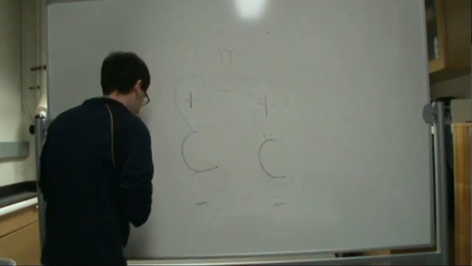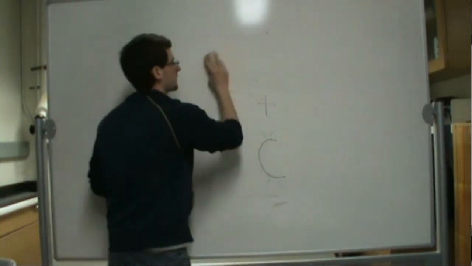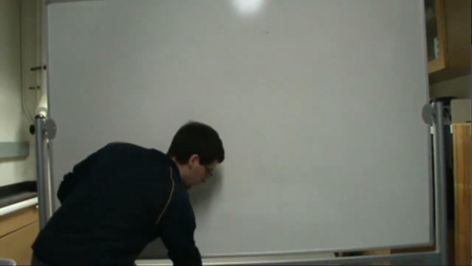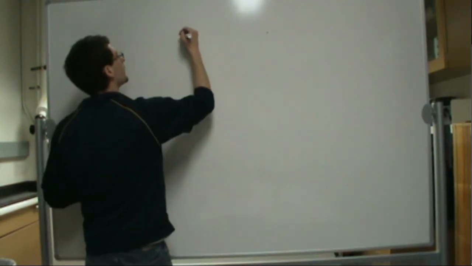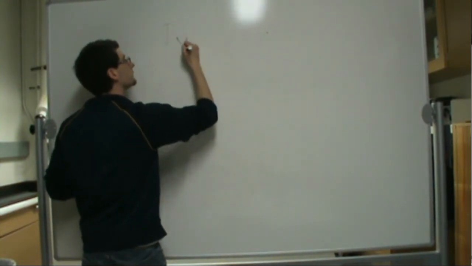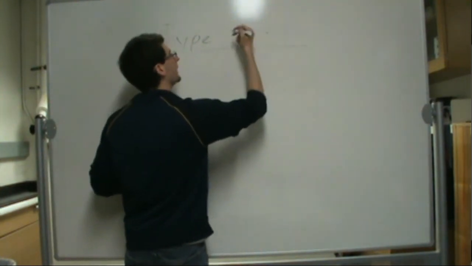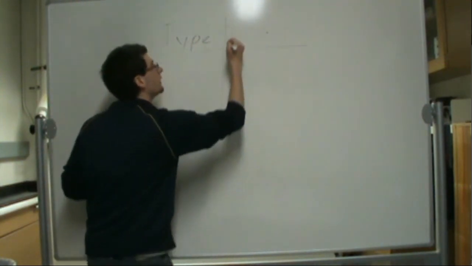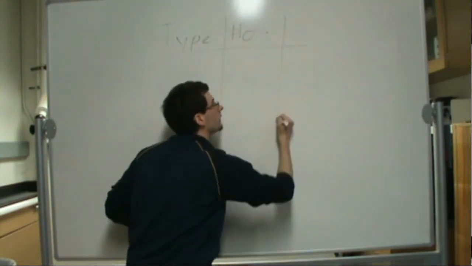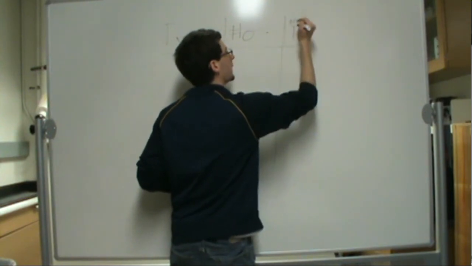So let's write this out. So type of bond, we're going to have number of sigma and number of pi.